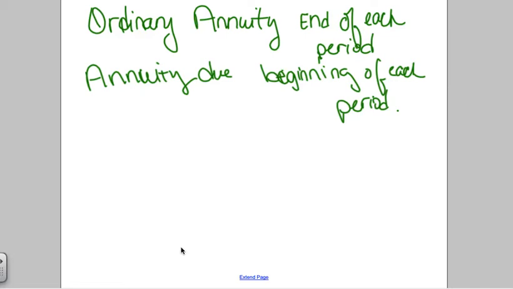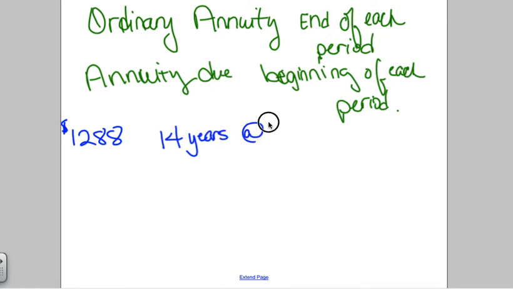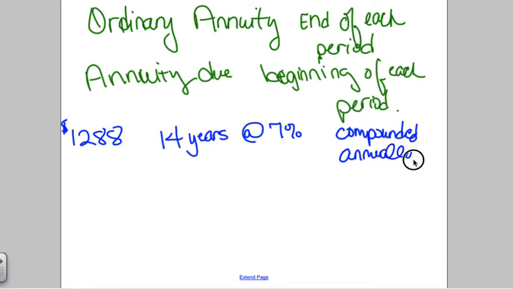So I want to find a future value of an annuity. So I have 1288 deposited at the end of each year for 14 years at 7% compounded annually. If you look in your practice problems, this is number 32, finding the future value of an annuity.